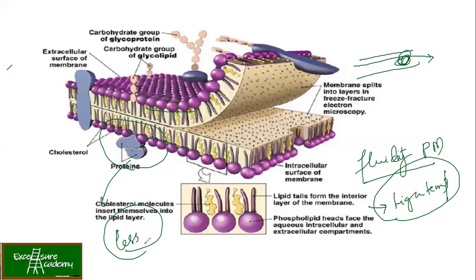Now just imagine another scenario. You have kept your cell at a very low temperature. Let us say that आपने फ्रिज में रख दिया या फ्रीजर में रख दिया. Okay, that time I need cholesterol to be more. Why? Because at low temperature the cell is going to freeze. It is going to become rigid in structure, which can hamper or destroy the cell.